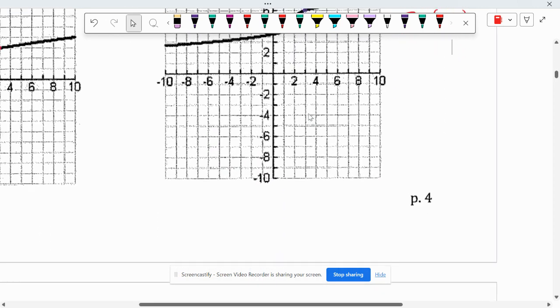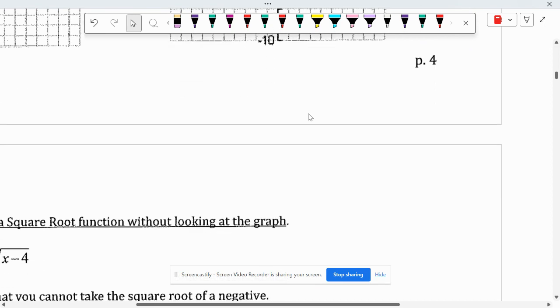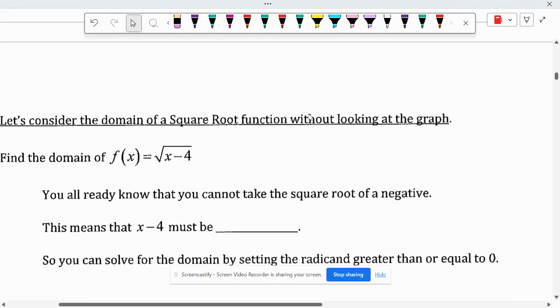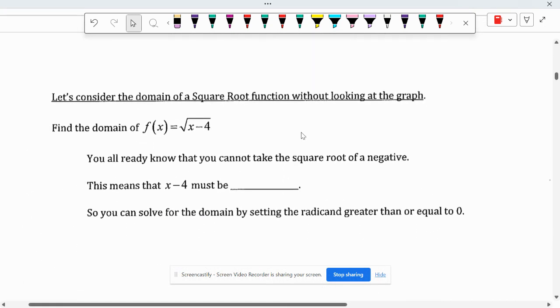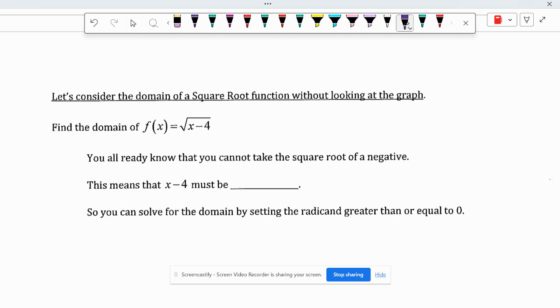So let's consider the domain of a square root function, and we're trying to figure out values that we can't have, right? Well, we already did this yesterday. Remember, when you have any kind of function, you take the value and set it equal to 0. For a square root, we can't have a negative. So x minus 4 has to be greater than or equal to 0.